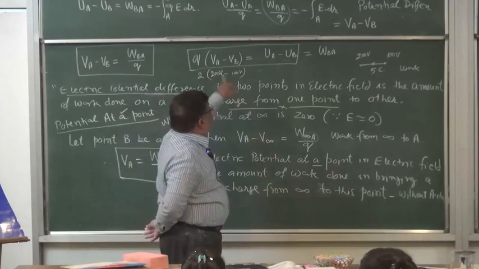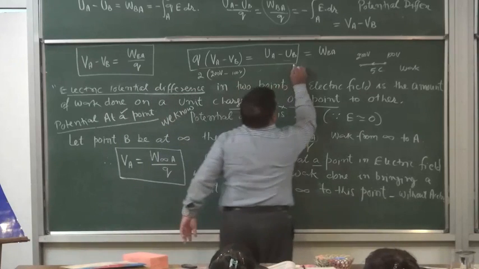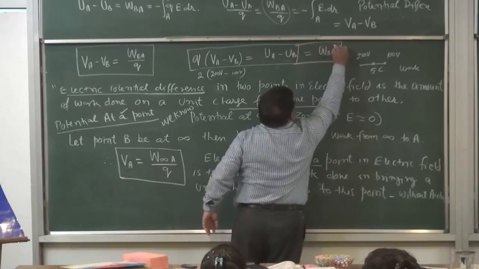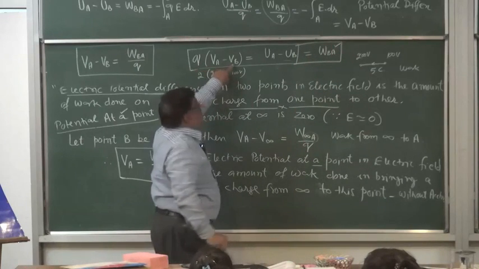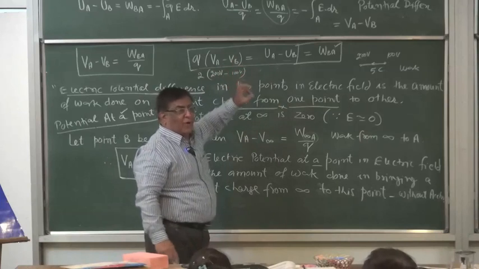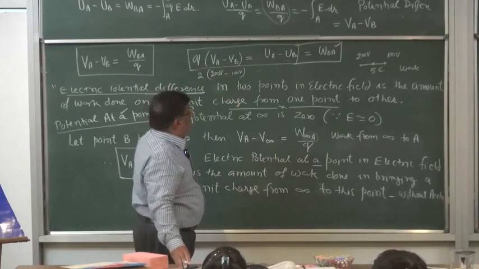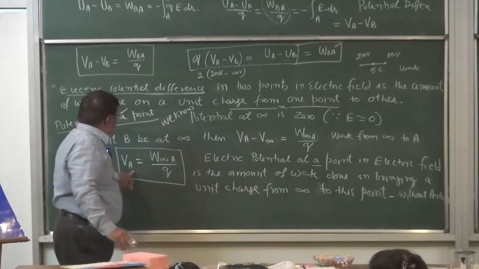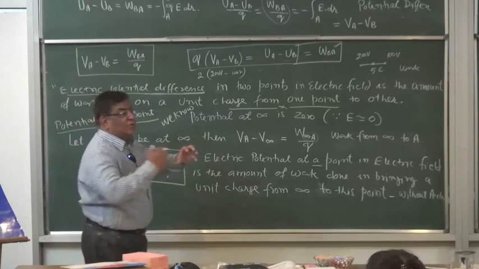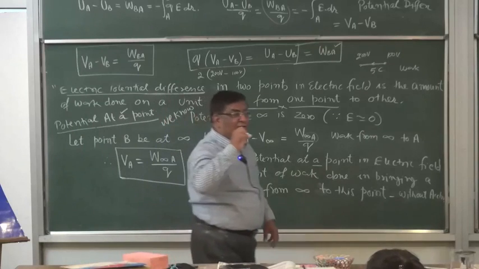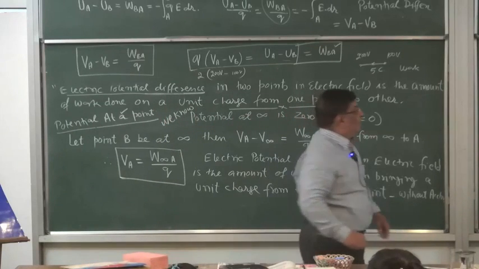Understand? So this is a very versatile formula to find out work done on the basis of potential difference, because potential difference is defined in this way. Okay, now this potential difference, we want to relate it to that charge which is creating the electric field.